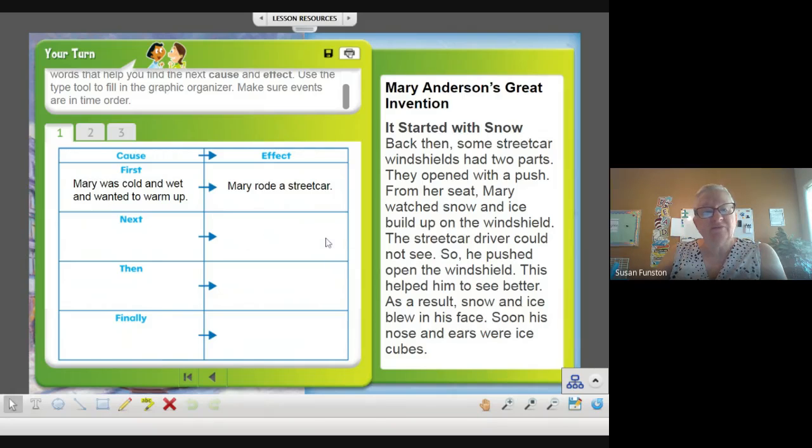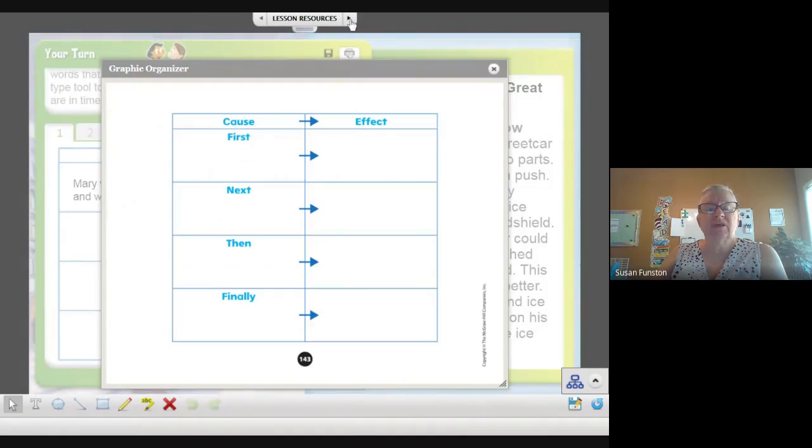The effect might be that she started thinking about whether there would be a way that drivers could clean their windshields without opening the windshield. So you are going to go ahead and fill in the rest of this graphic organizer. It's one of your attachments to your assignment, and we'll talk a little bit more about it in a moment. Okay, so here's what yours looks like.